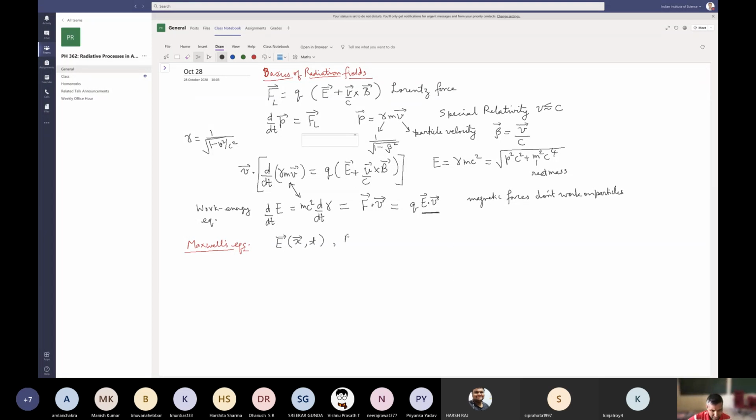Once these are specified, you can solve for particles' trajectories and see how they move. But how E and B themselves evolve is given by Maxwell's equations, which I'll write here again in CGS units.